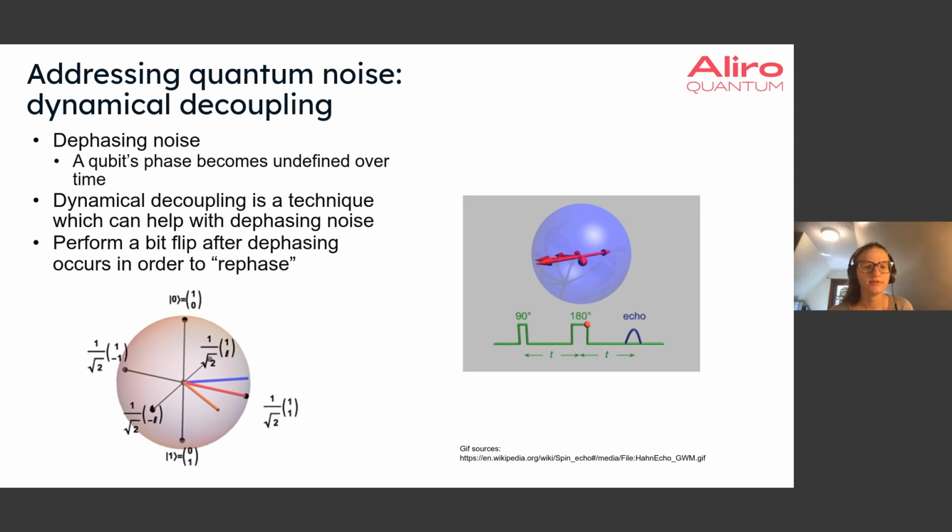So you can do a bit flip operation, which will cause all of the errors that were traveling more quickly in one direction to now travel more quickly in the other direction, and now the qubit will rephase. This is known as a spin echo technique, and it's one type of dynamical decoupling and one way people will extend the lifetime of qubits.